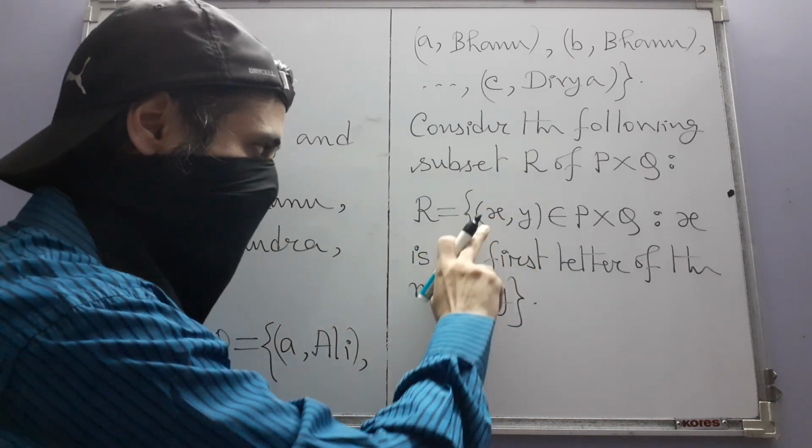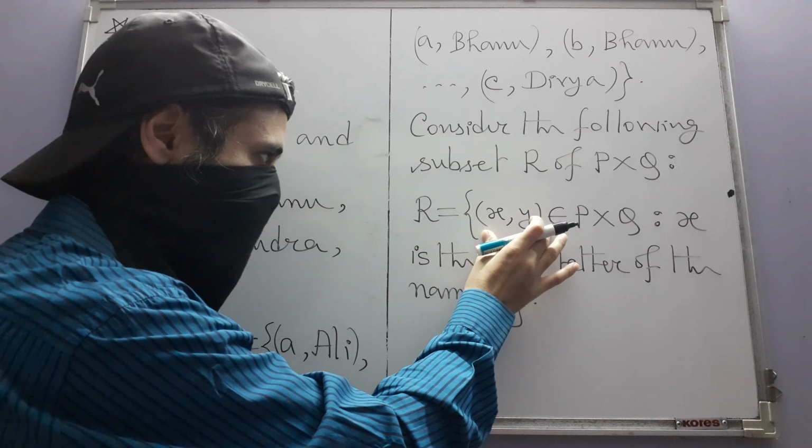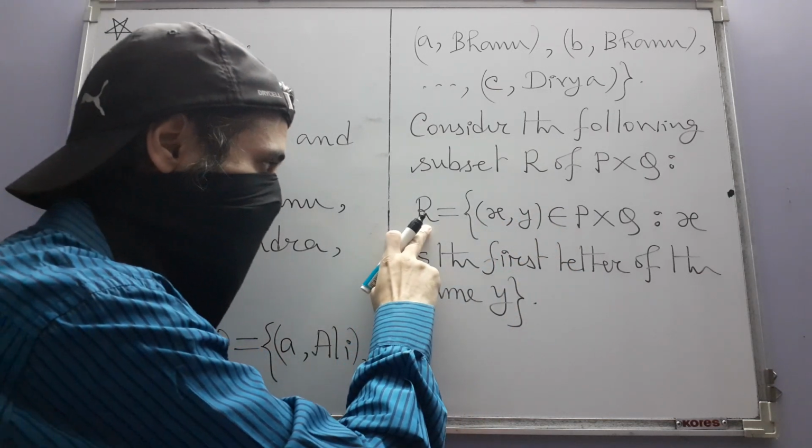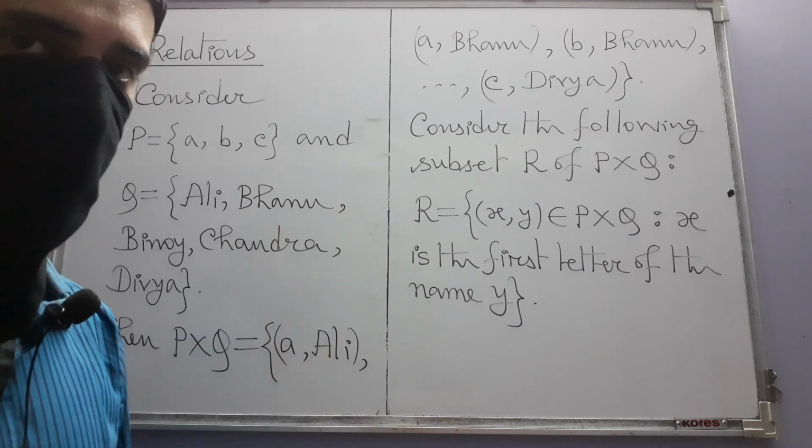If X is that first letter, then we are considering the corresponding ordered pair (X, Y) in this subset R, otherwise not.